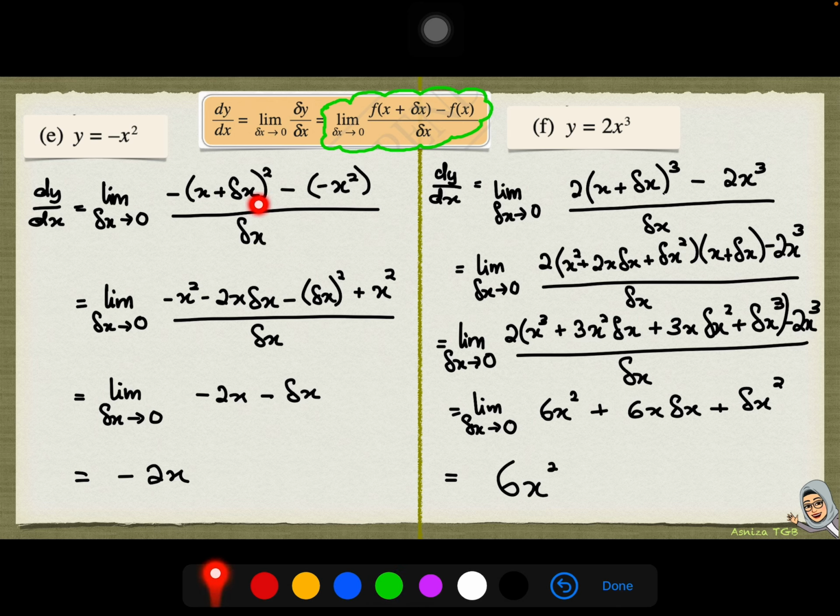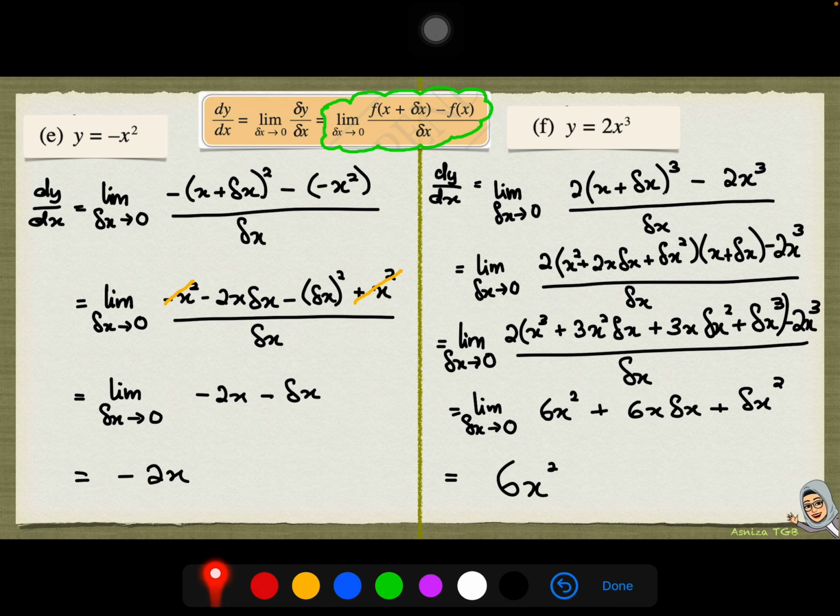Next we expand the expression in the numerator. So we will have negative x squared, minus 2x delta x, minus delta x squared, and the last term is plus x squared. We divide all this by delta x. When we simplify, negative x squared and plus x squared at the end become 0.